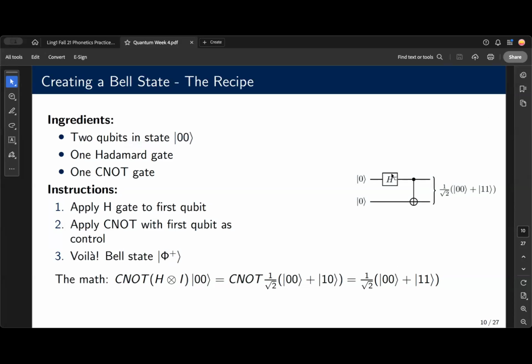Because sometimes I get confused, like when I started looking at how these gates are applied, I used to think that why would H tensor I not be here and then the C not here just because we're applying this part first. But how I remembered it is that if this is our first operation, it has to be closest to the state it's being applied to, and that's how we keep progressing this way.